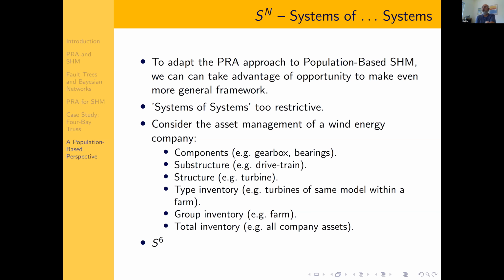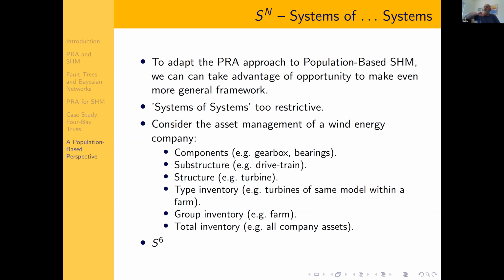So what we're doing at the moment, and I need to skip past this, I think, because I'm not leaving much time for questions, is move this on. Because this has been based on a level structure, components, substructures, structures, we don't really have any conceptual problems extending it to populations of structures.